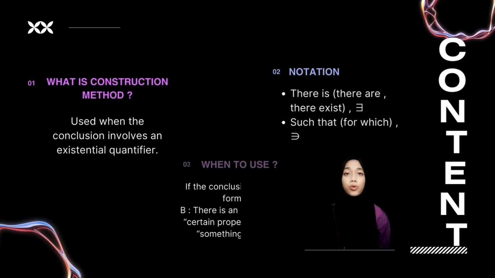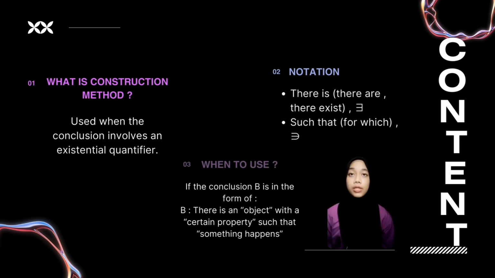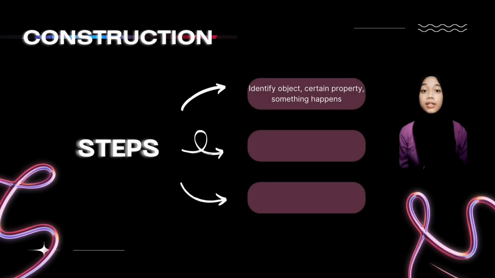So when do we usually use it? The construction method can be used if the conclusion B is in the form where there is an object with a certain property such that something happens. Next, we're going to look at the steps in the construction method. There are 3 steps.